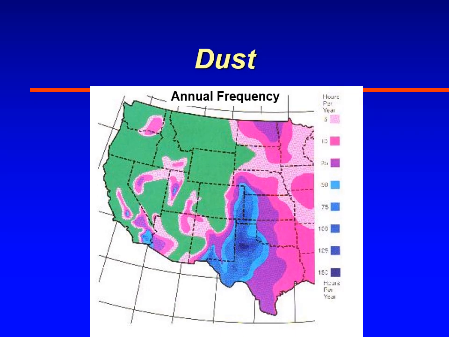Here's a frequency of dust, and the dark blue areas indicate the highest frequency of dust. Once again, you should remember this, that the dustiest places in the United States, the most dust storms that they have, occur over West Texas, and this is the Dust Bowl of the United States.